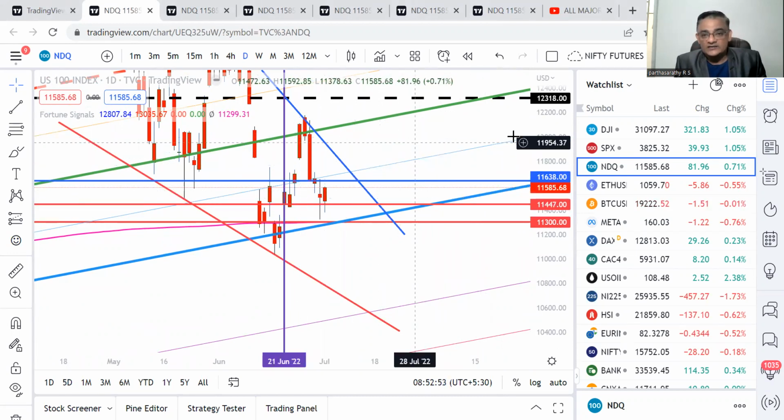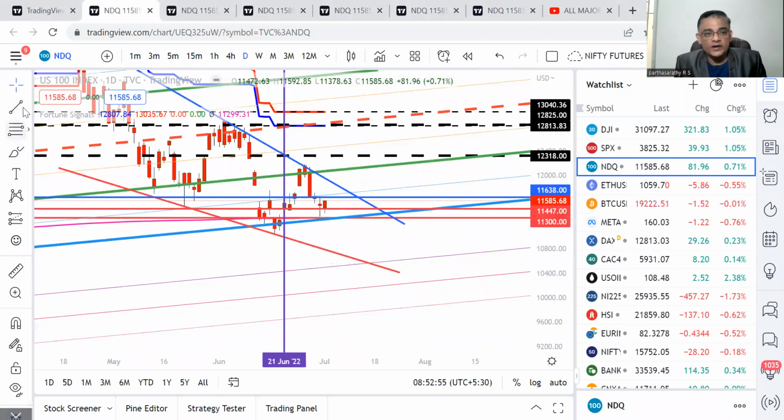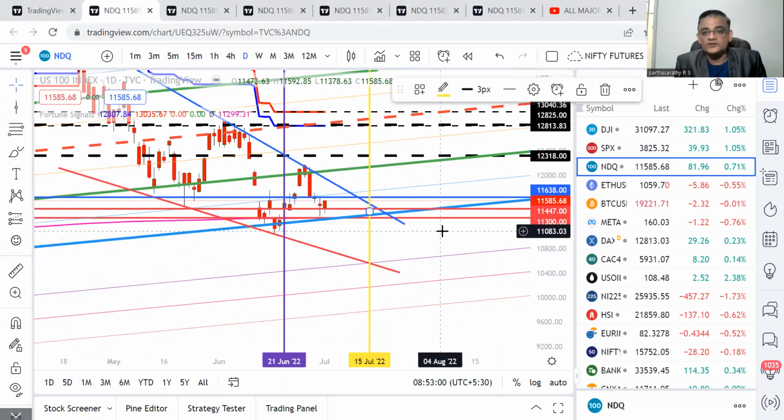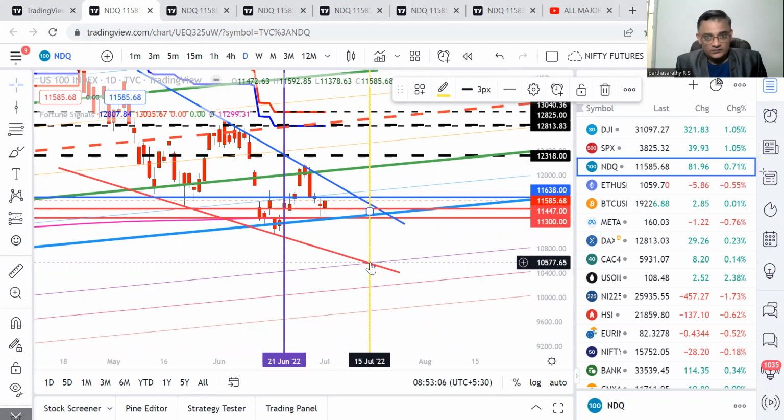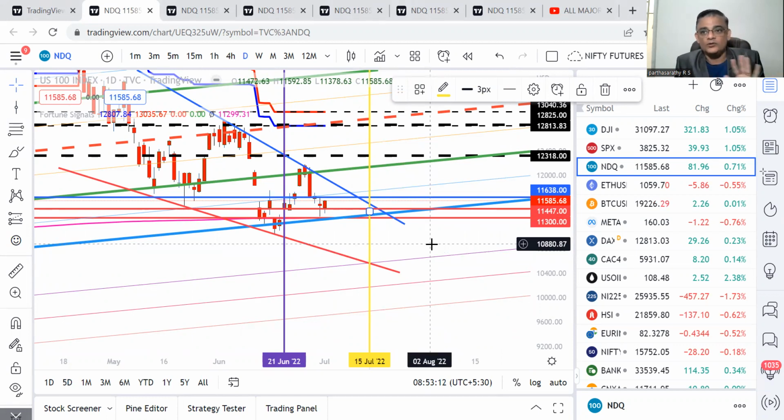But as of now, it is a falling wedge. What I am saying now is, in case it comes and touches the falling wedge here on 15th, in combination with the pitchfork bottom, there is a possibility of taking a bottom. But as of now, it looks ugly, no doubt about it.